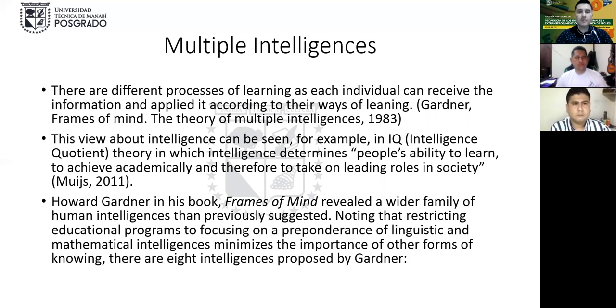Howard Gardner, in his book Frames of Mind, revealed a wider family of human intelligences than previously suggested, noting that restricting educational programs to focusing on a predominance of linguistic and mathematical intelligence minimizes the importance of other forms of knowing. There are 8 intelligences proposed by Gardner.